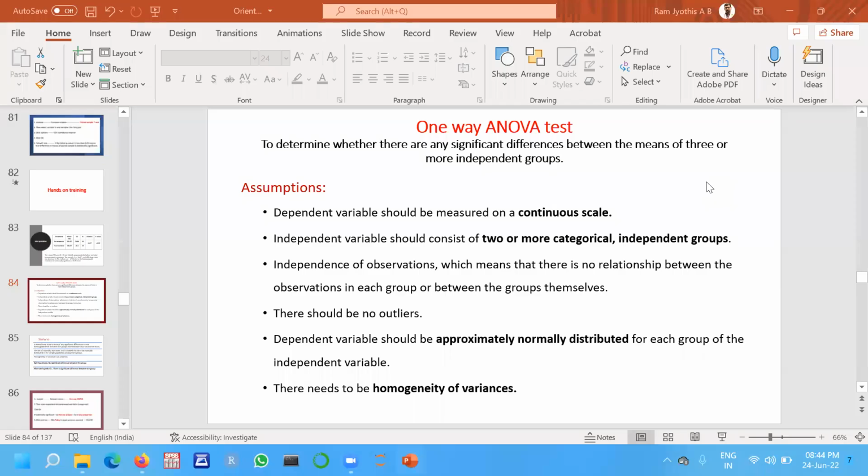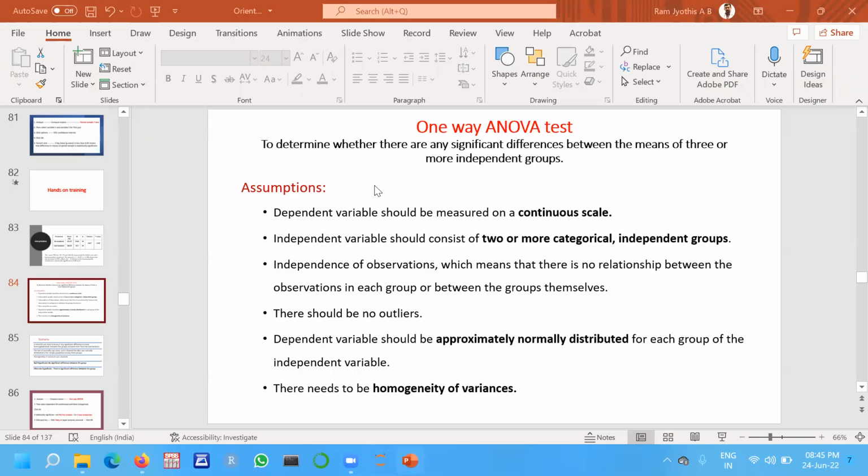It is to determine whether there are any significant differences between the means of 3 or more independent groups. In independent t-test or student's t-test, you are comparing two groups, isn't it? Now, in ANOVA, you are comparing 3 or more groups, or more than 2 groups. So that is the only difference.